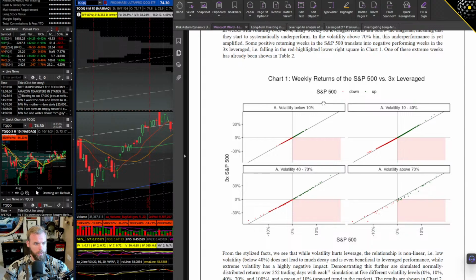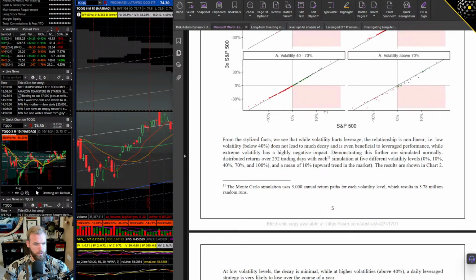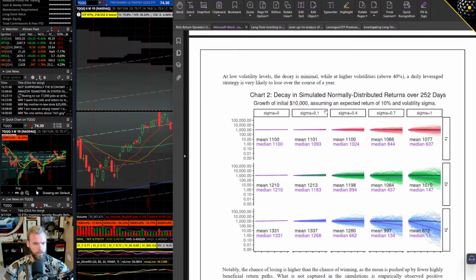This is talking about, yeah, okay. So if you look at, this is a Monte Carlo simulation over 252 days. It shows the growth of 10 grand using 10% vol.